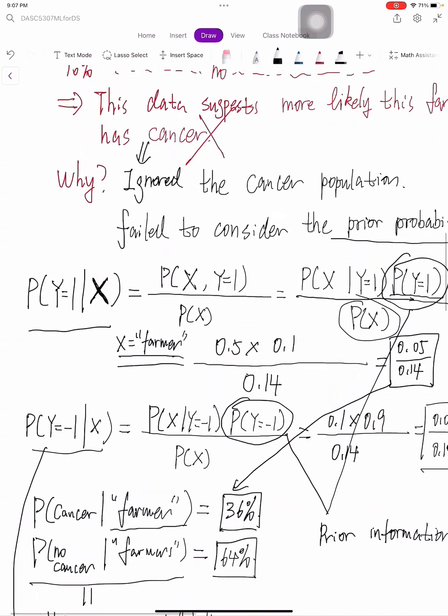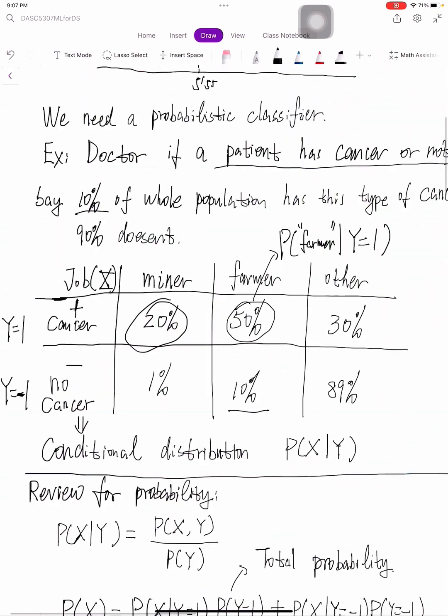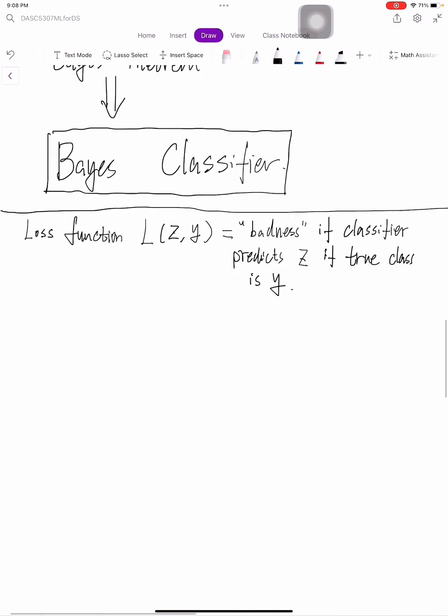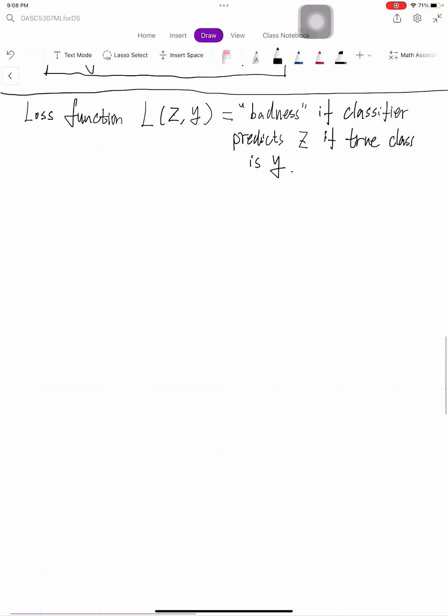For example, in our previous example, how bad is it if we classify the farmer as not having cancer, but the farmer actually has cancer? That's one case.